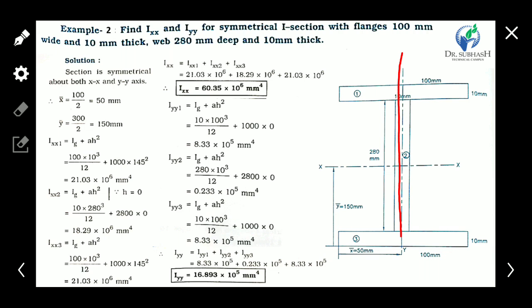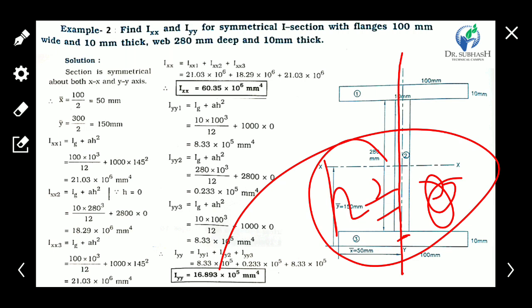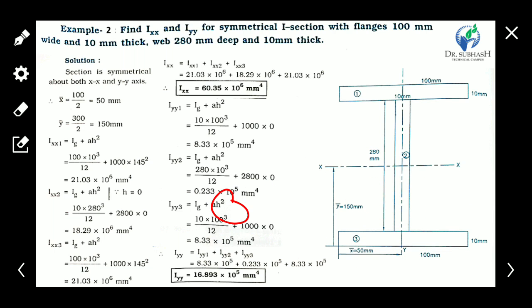So the distance between the y-axis and the CG of the element is 0, so h is 0, so the h square term is 0, so only Ig is there. So we find the value of I by 3 for the third element. Moment of inertia of the third element about the y-axis is 8.33 into 10 raised to 5.